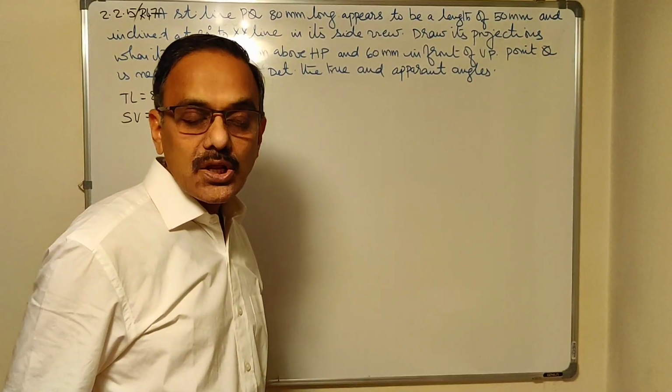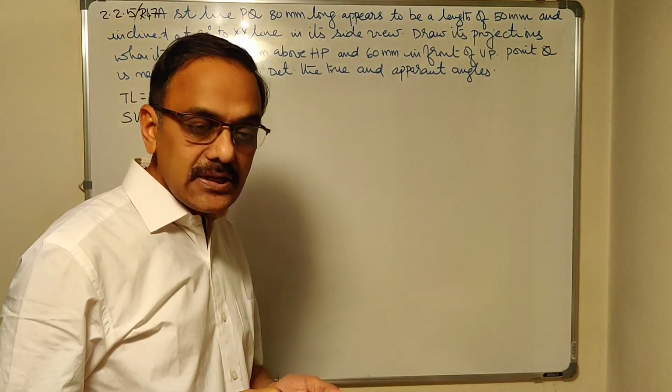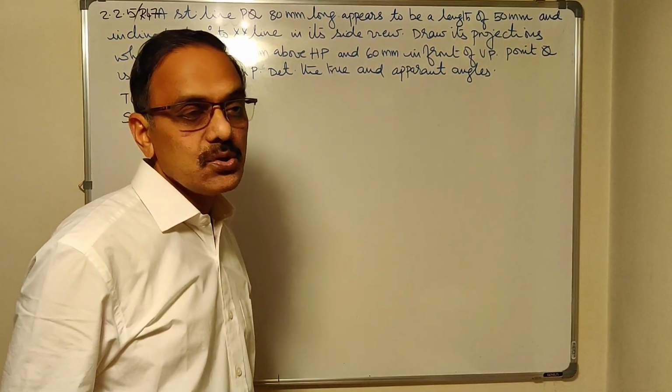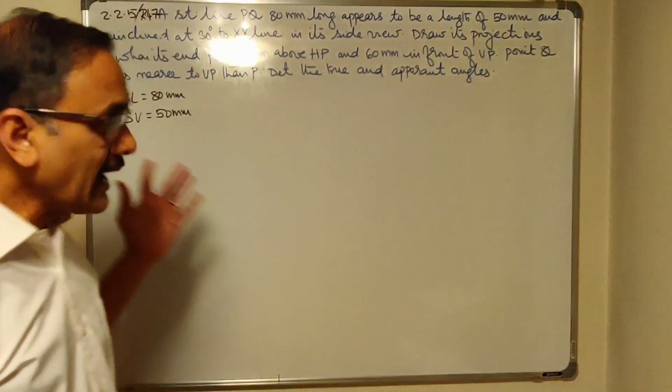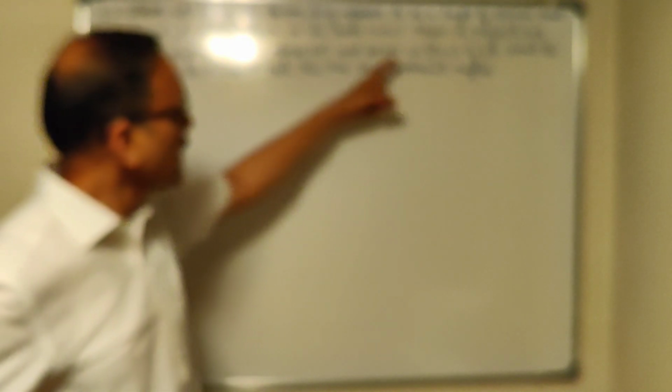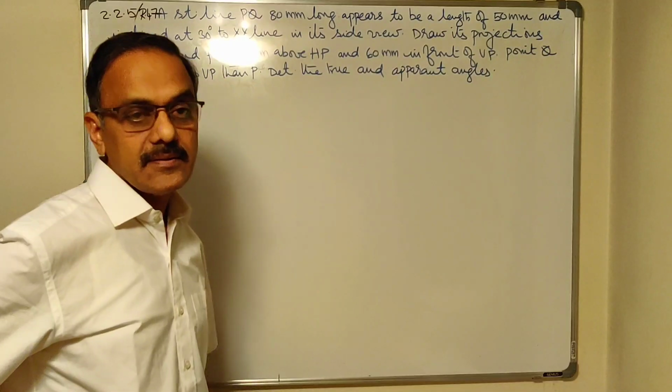There is no standard notation to represent the inclination of the side view, so I am not going to write it down here. 30 degrees is the inclination of the side view, that much I know, with XY. Draw its projections when the end P is 15 mm above HP and 60 mm in front of VP.